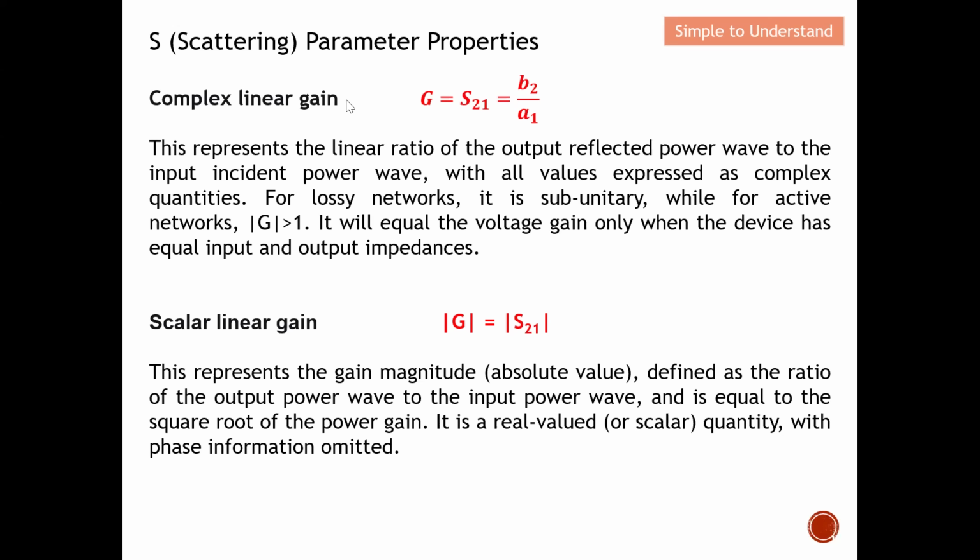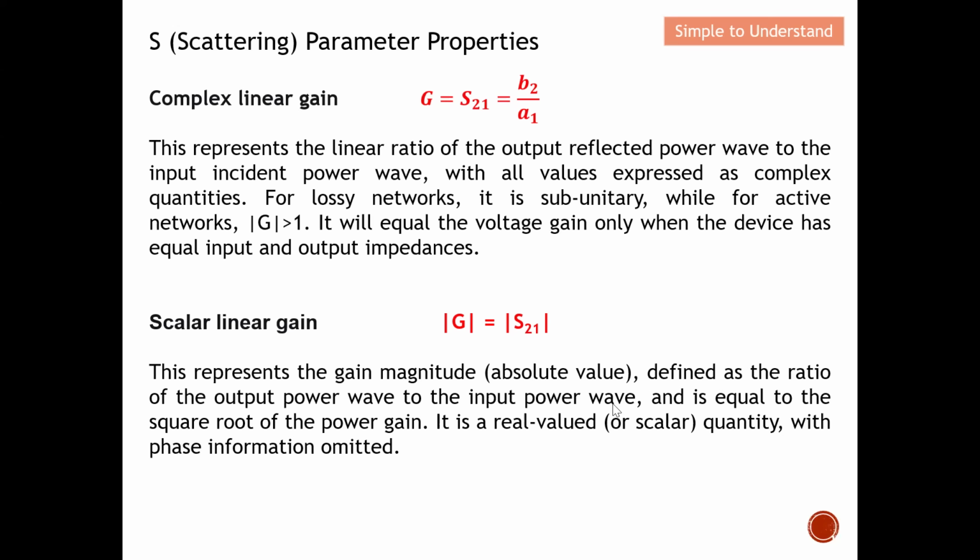So this is how we describe S parameters as a complex linear gain with the magnitude and the phase. We can also describe the S parameters as a scalar linear gain, which means we only obtain the amplitude and ignore the phase. This represents the gain magnitude, which is the absolute value, defined as the ratio of the output power wave to the input power wave.